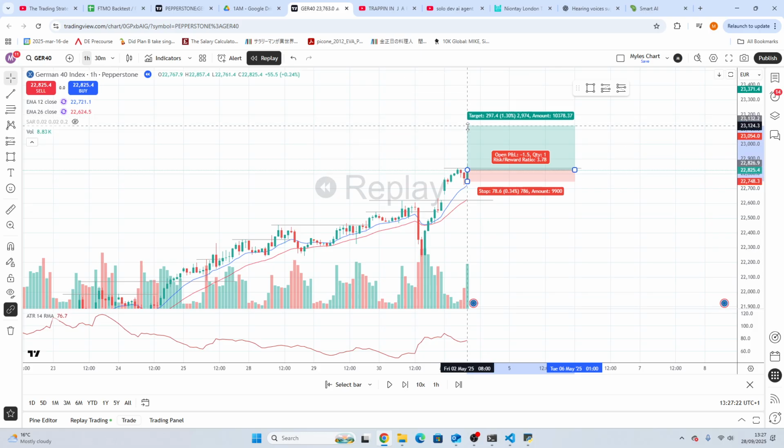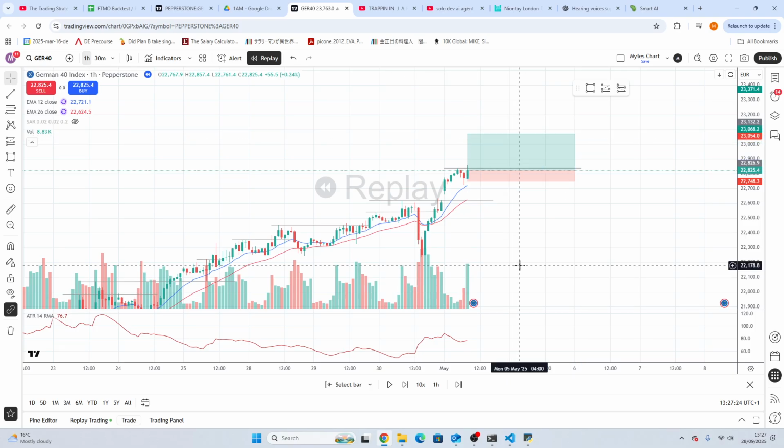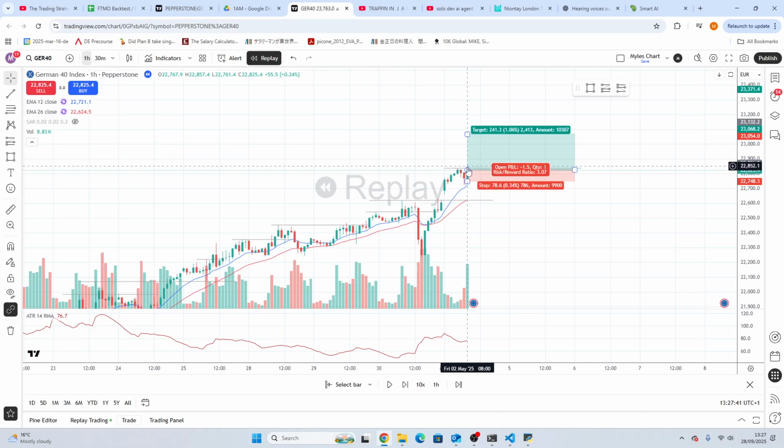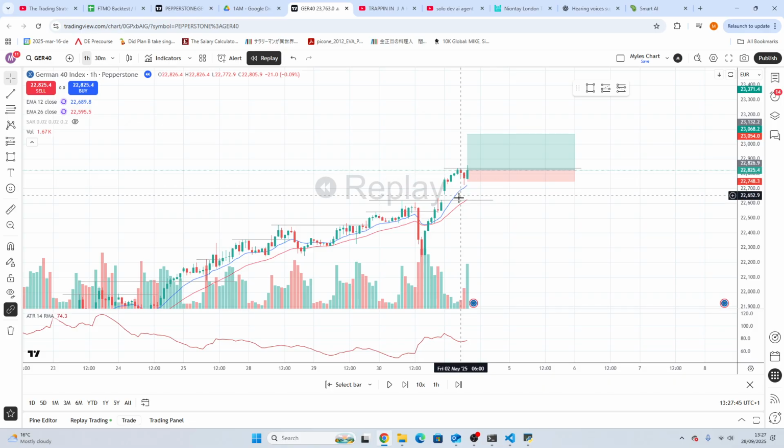Put it around there, about there. I know there's a breakout star happening too. So with this trade, why have I entered this trade? I've entered this trade because first of all, it's a green candle, and it's almost a full candle. The wick at the top is kind of small compared to the body.